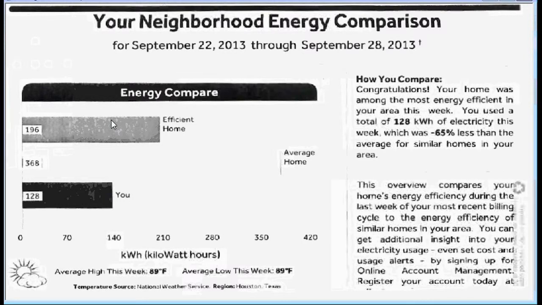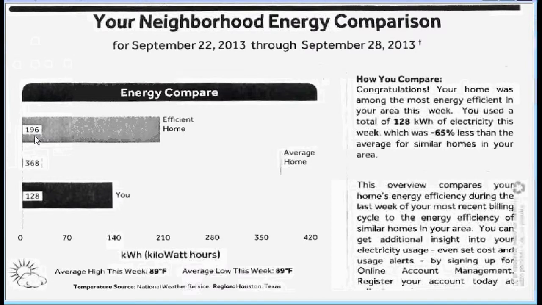Now this is Reliant's nomenclature as to what an efficient home uses. I don't know how they come up with this conclusion. This is just a comparison.